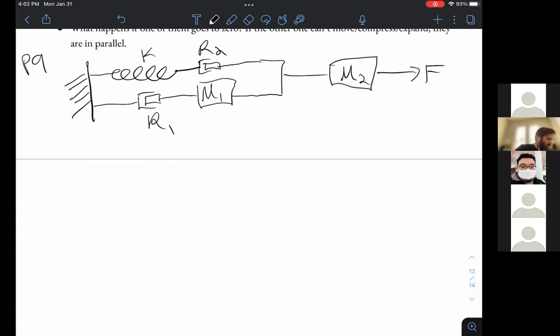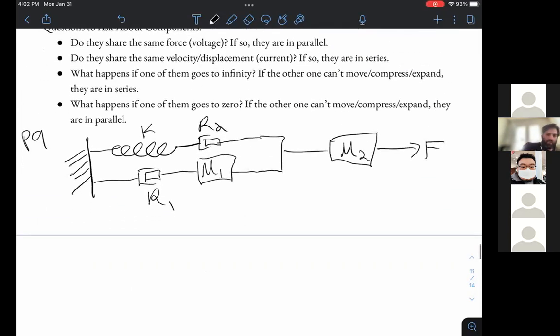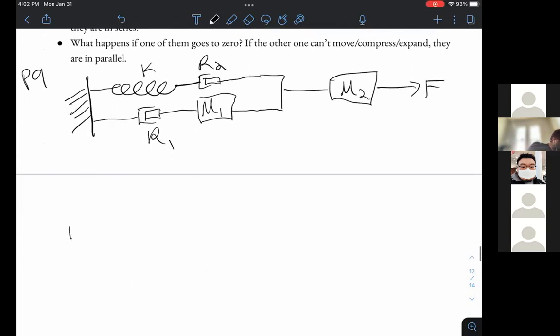So let's do a practice one. I'm going to draw my voltage source first. I keep drawing this over and over again. So there's my voltage source. We'll call it F, that's the force over there on the right-hand side. Let's talk about M2.